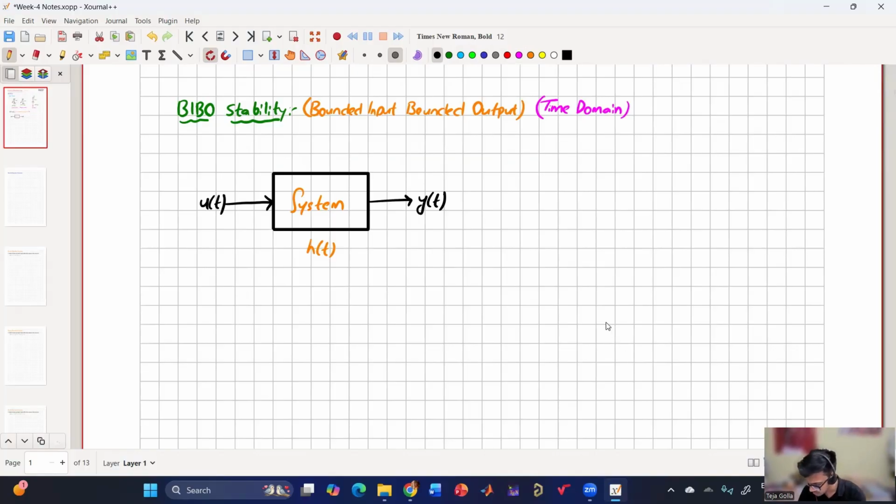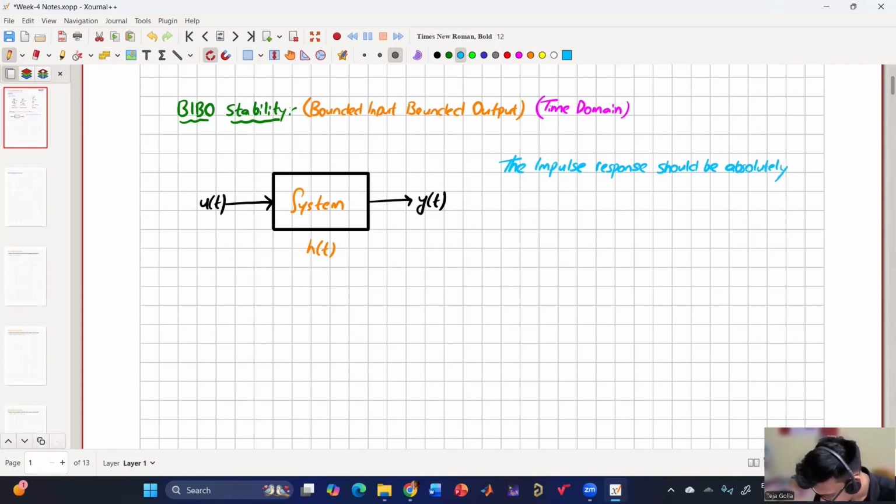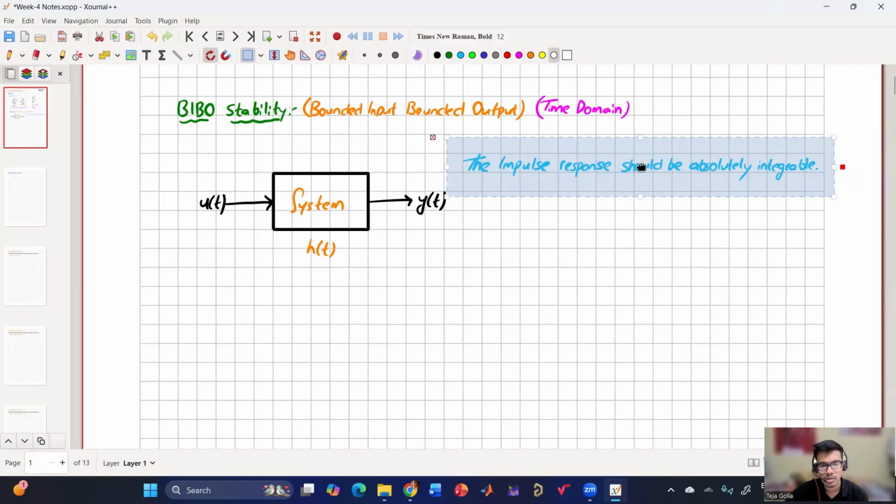In this case, the condition is that the impulse response should be absolutely integrable. Under this condition, we can say the system is BIBO stable.